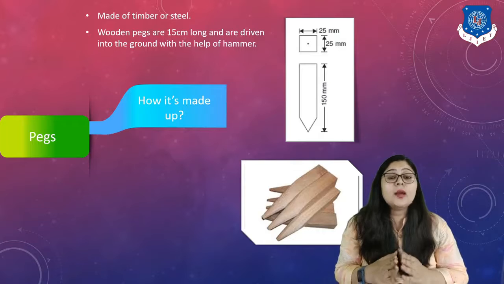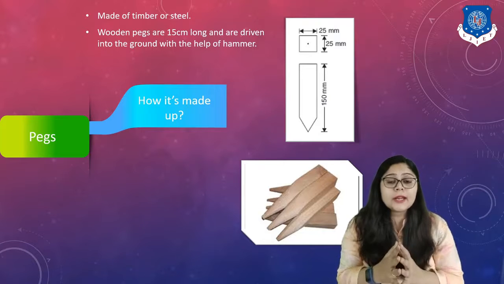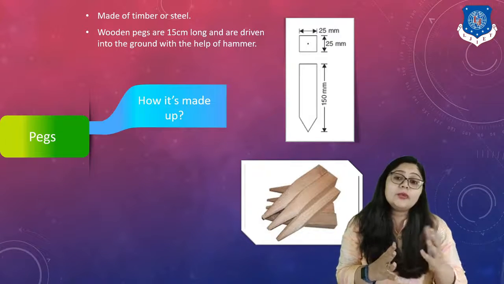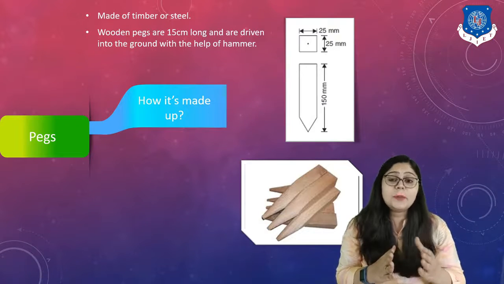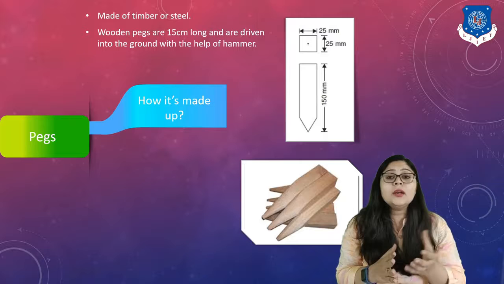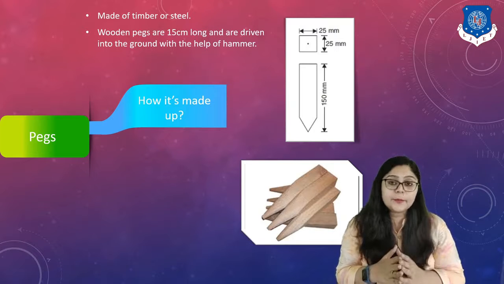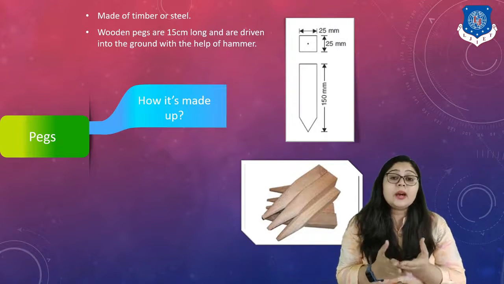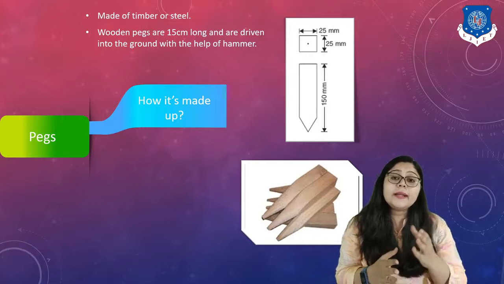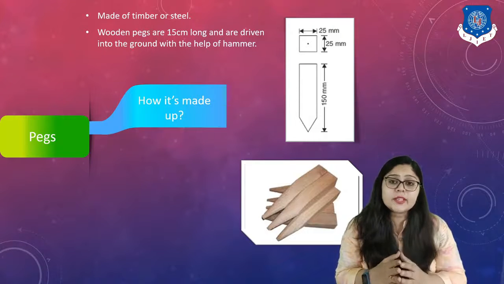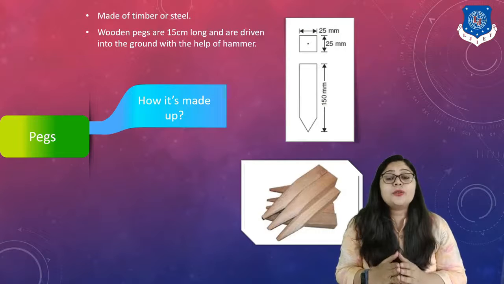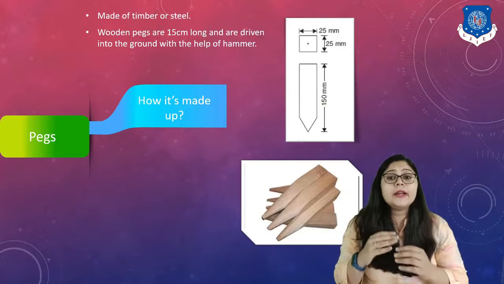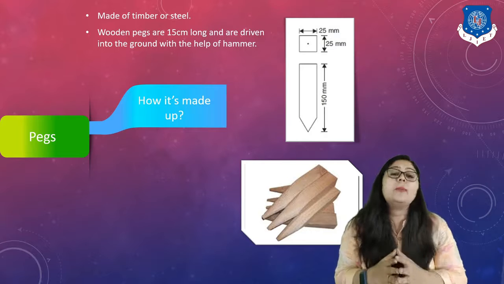So the answer is, in normal conditions we can carry a wooden peg or a timber peg because it is quite cheap and low in weight, so easy to handle. While when the soil strata is hard, at that time we can go for the steel type, right? Generally, wooden pegs are 15 centimeter long and are driven into the ground with the help of a hammer.